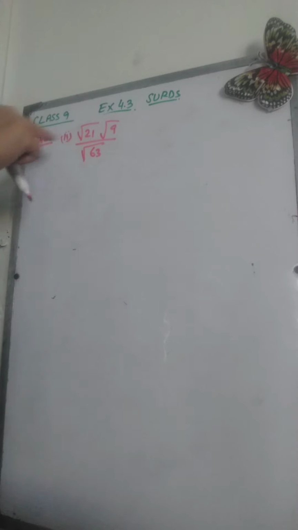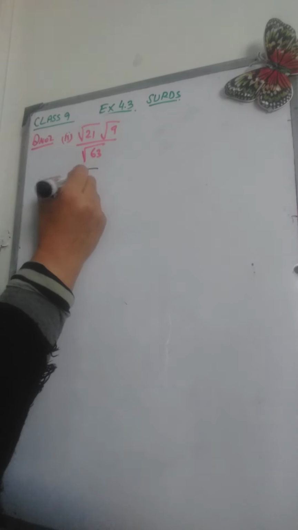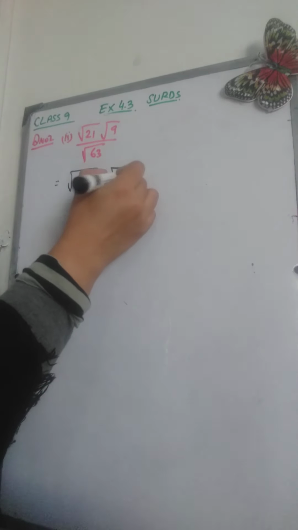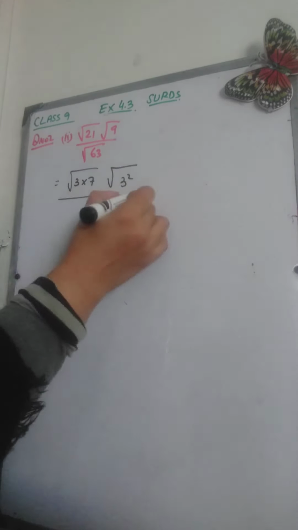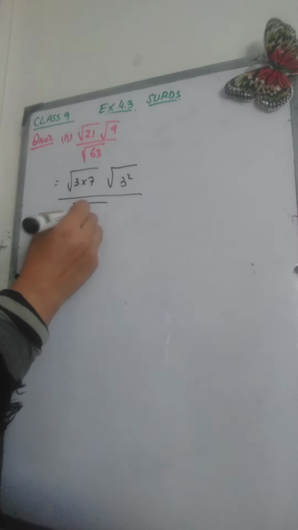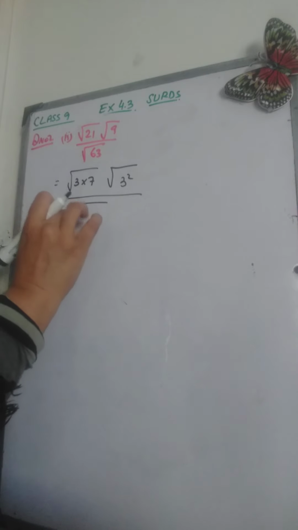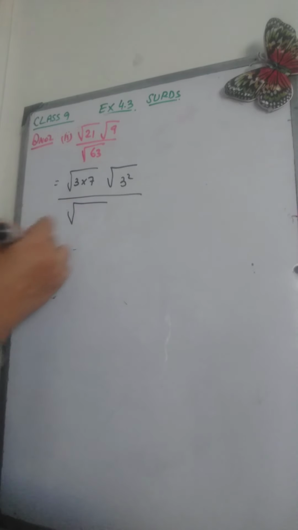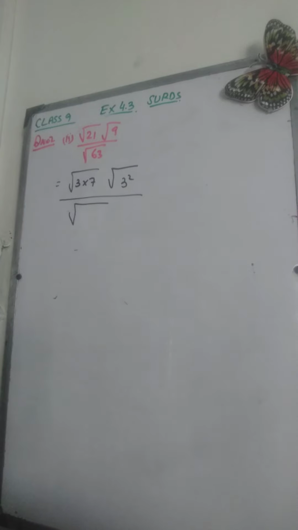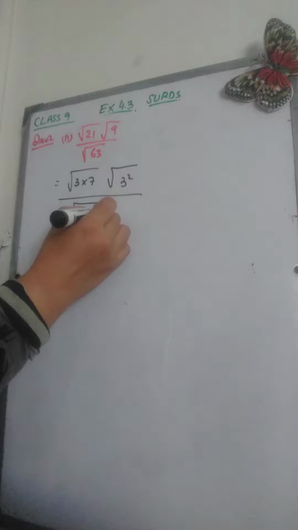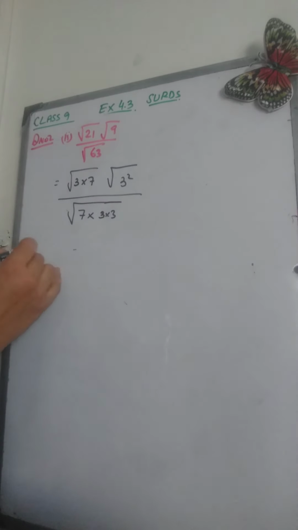Now we have to simplify this expression also. For that, under root 21 can be written as 3 into 7, again doing the prime factorization of each of the numbers under the radical sign. 9 is 3 square, okay, and 63 can be written as 7 into 3 into 3.